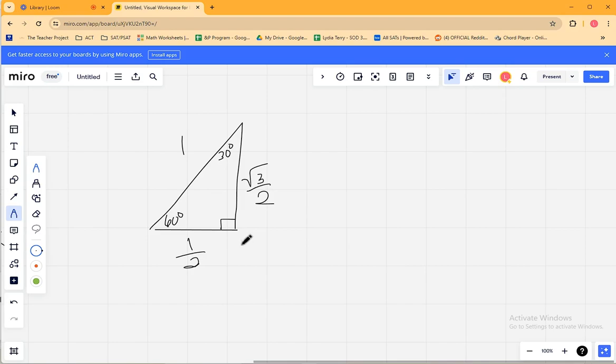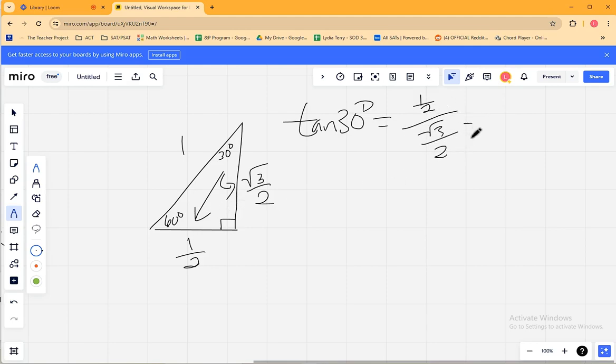The tangent ratio is going to be the opposite side over the adjacent side. So the tangent ratio of 30 degrees will be the opposite side over the adjacent side. So this is going to be 1/2 over the square root of 3 over 2. This reduces to 1 over the square root of 3. There's a square root of 3 ratio between these sides, which we'll go over more in the trig video.